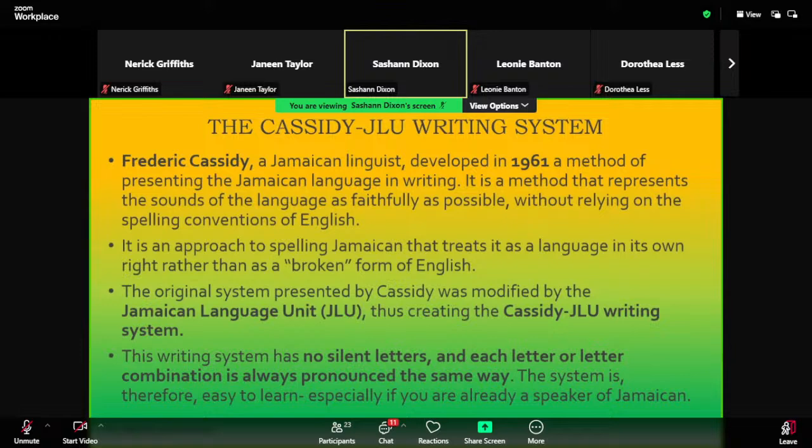The same is true for the K, which ought to represent the K sound every time. The same is true for the S. The same is true for the letter E, which is going to represent the E sound every time. And then the last letter, the P, will represent the P sound every time.